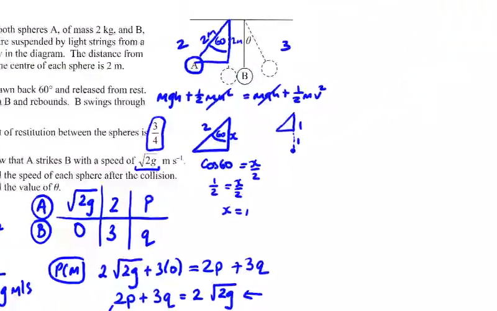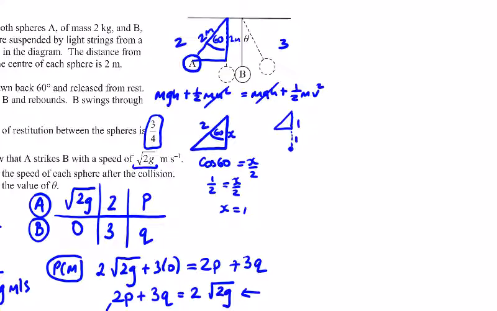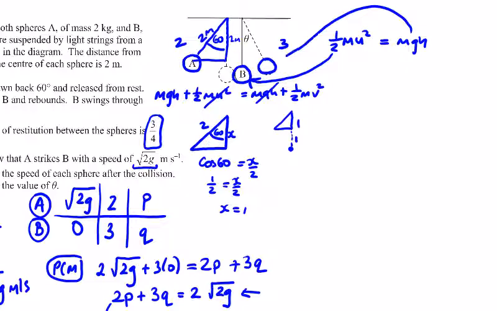Okay, let's look at this diagram here. So we're going to do it the same way we did the first part. So we have the mgh and the half mv squared. So we're going to have the half mv squared for B equal to mgh. This is at this point, and the mgh is up here. So we do need to have h here. So again, we need this triangle.